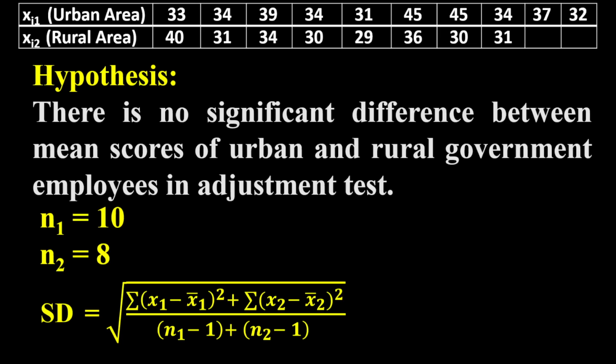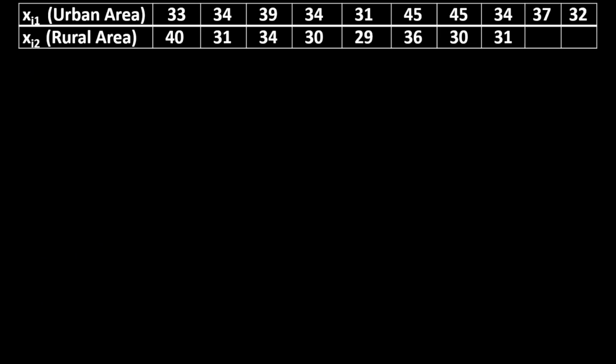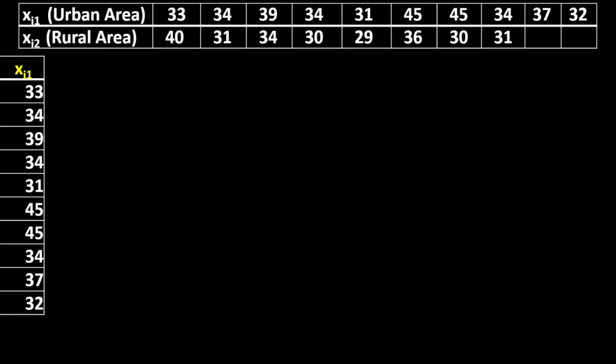To find SD, the combined standard deviation, we have to do some primary calculation. It will be done in this way. First of all, the scores of the government employees of urban area are taken in a column, and the sum of all the scores is found, that is sigma x1, and it is found to be 364. On the basis of this, we will find the mean of the scores of government employees of urban area.